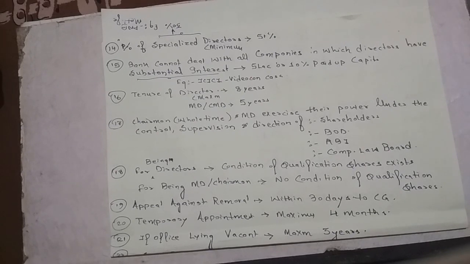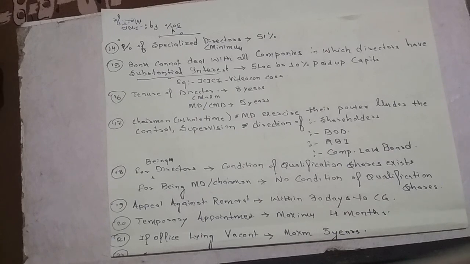You must understand the differences between the directors, the board of directors, and the MD and the CMD. The directors take the decisions with respect to the company's goodwill, and the CMD and the managers are the implementers of that policy. This is the difference.